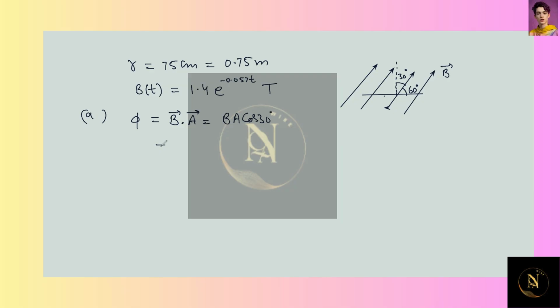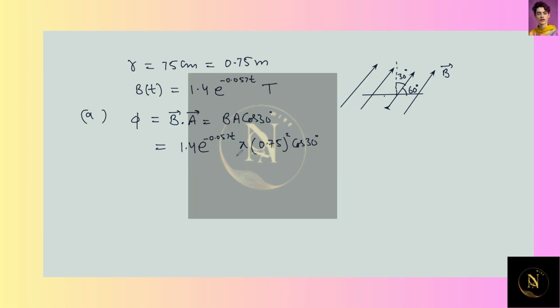We put in the values: the magnetic field is 1.4 times e raised to the power minus 0.057 t, as it is variable with time, and the area is pi times 0.75 squared, multiplied by cos 30 degrees.